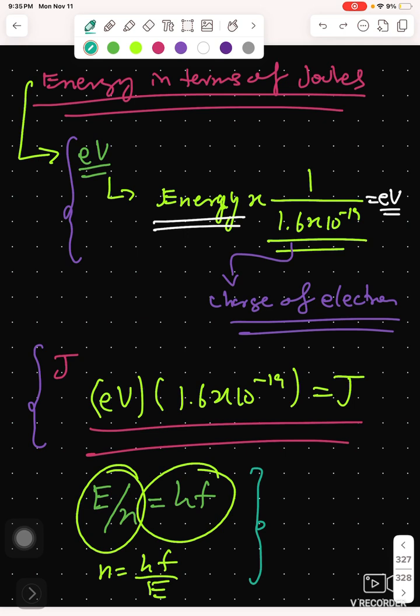So n is a constant, right? It's an integer number. N is an integer number.